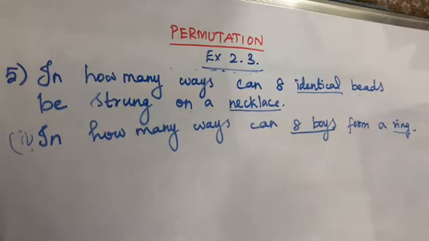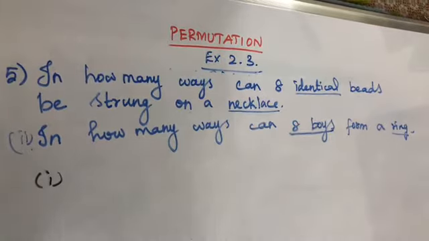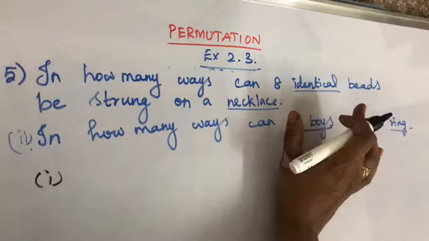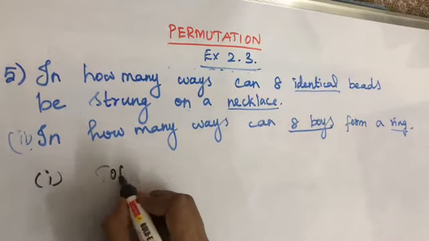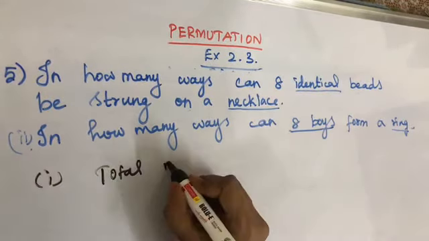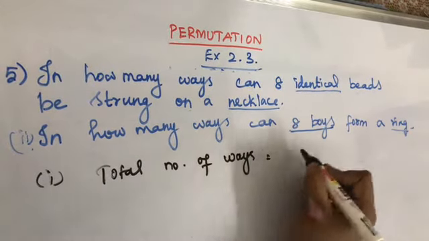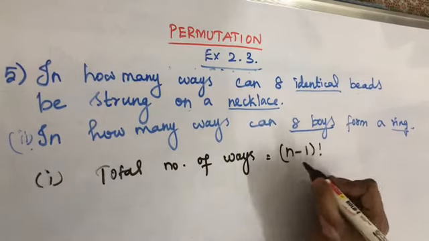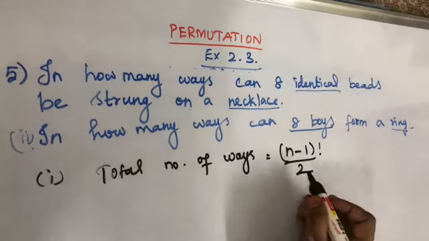So what is the formula for the first one? If in the circular permutation the elements are identical, then we can arrange them in (n minus 1) factorial by 2 ways.